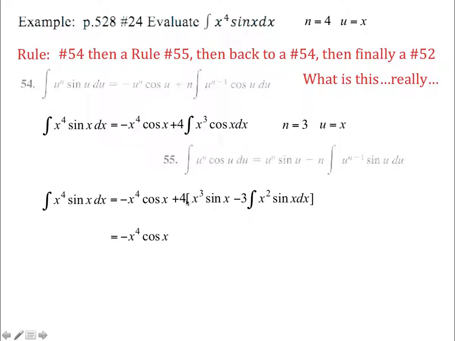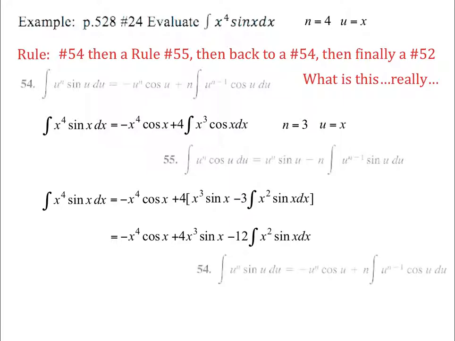Simplifying that, distributing the 4, we have that and that. And I haven't done a plus c yet because I'm really not done integrating. As you can see, each time we do this, we've reduced that x by a power. So we're just repeating our integration by parts. It's just that we're letting our rules do it quicker for us.